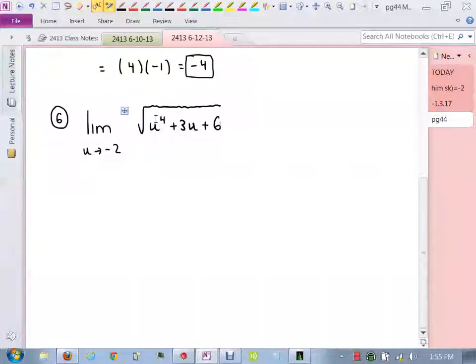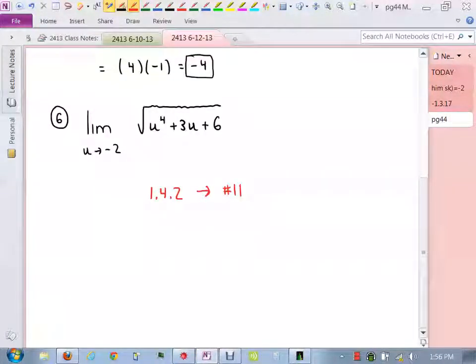However, if you look in 1.4.2 and look at property 11, it says that if you're taking a limit and you have a square root or any root, you can put the limit inside the root and take the limit of what's inside.